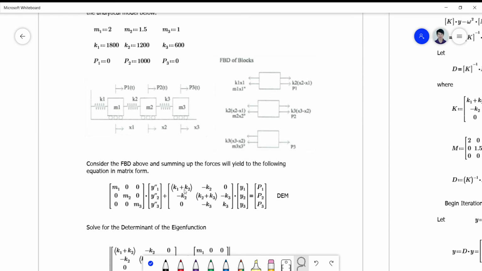So we have a K1 plus K2, but since there's no third mass involved, this becomes a K2 only, no? So there's no K3 here, and your system, since it is 2 degree of freedom, is only this part, okay?